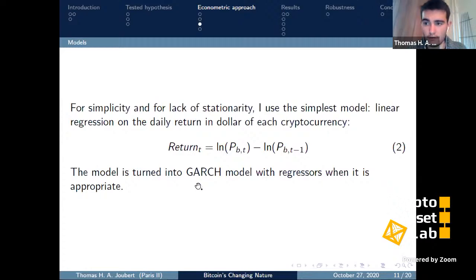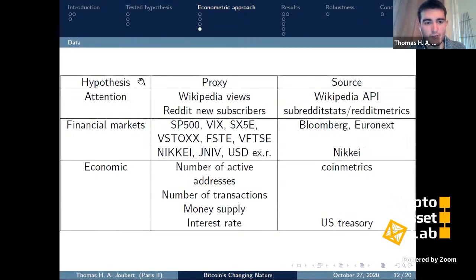Finally, a quick look at the data I will use. For the attention hypothesis, I will use the Wikipedia page views of the relevant cryptocurrency. I use it both in English only and in all the translations that exist. What we must remember about that is, for instance, the Wikipedia page of Bitcoin exists in like 100 languages, while the Bitcoin Gold page exists only in 8 languages.